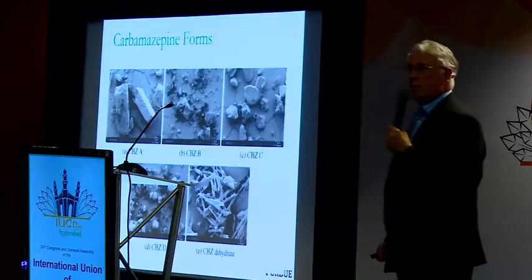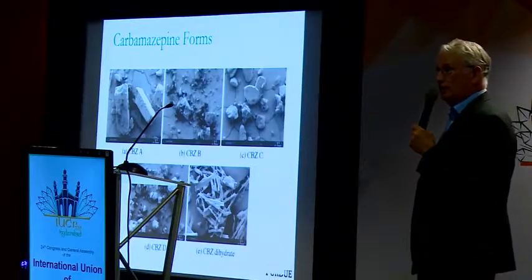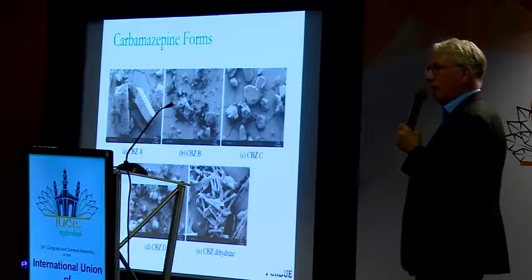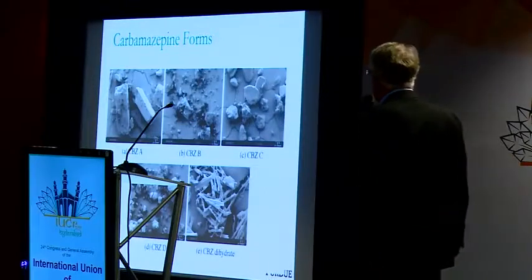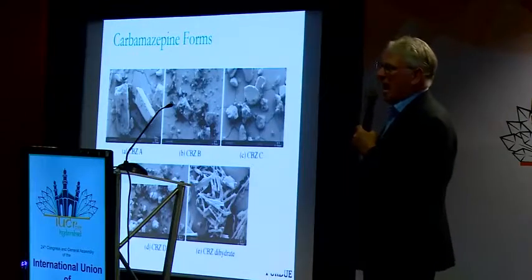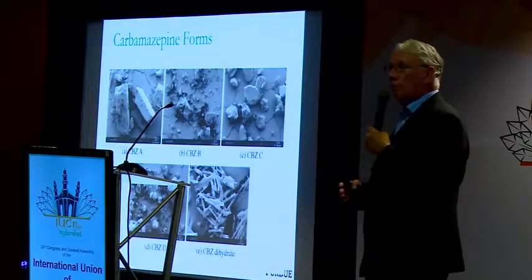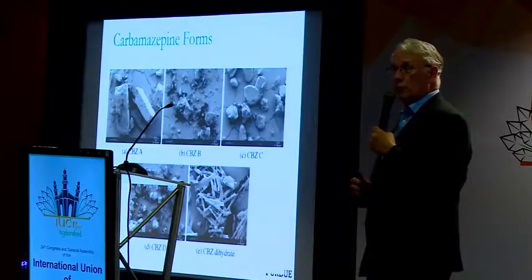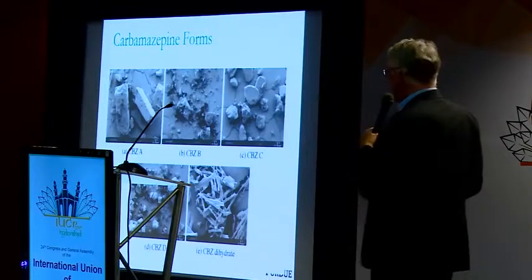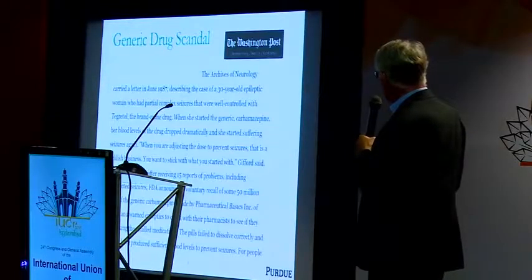And then it actually took until around the mid-1980s, 84 to be exact, when the Generic Drug Act passed in the US. It's really the Hatch-Waxman Act, but it allowed copies of marketed drugs to come on the market. And maybe it's better if I go to the next slide and then come back.